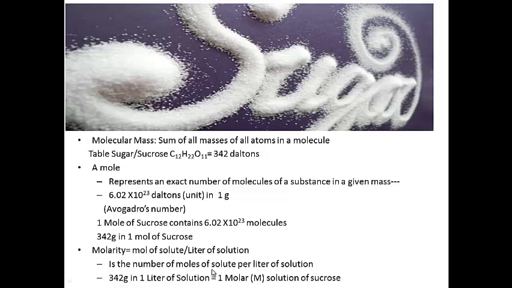For table sugar, or sucrose, there are 12 carbon atoms, 22 hydrogen atoms, 11 oxygen atoms, and thus there are 342 Daltons. So you have to know the mass of each atom: the mass of carbon, the mass of hydrogen, and the mass of oxygen, in order to come up with 342 Daltons. And you will be asked to do this.